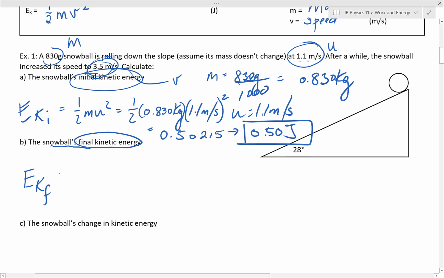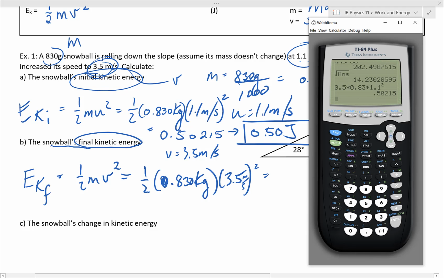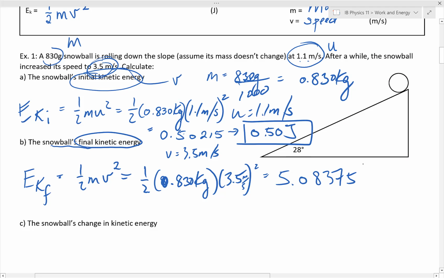So EKF for final, 1/2 mv final speed squared. We have the v final, and that is 3.5 meters per second. Putting everything in, we get pretty much the same thing as before, but substituted, and in our calculator, we get 5.08375.